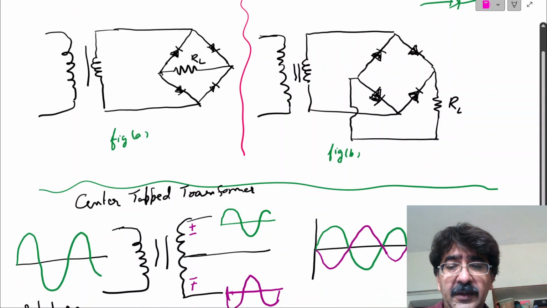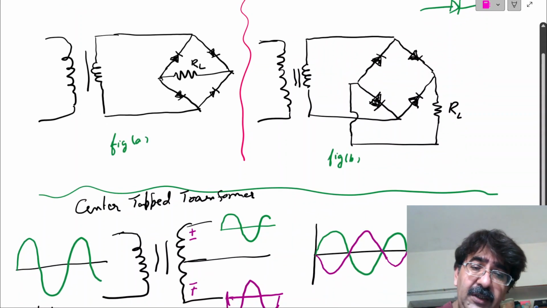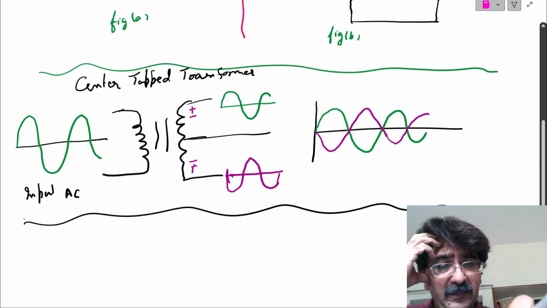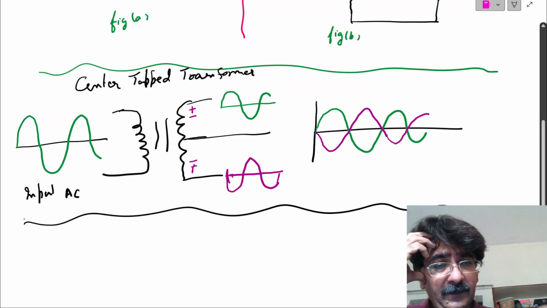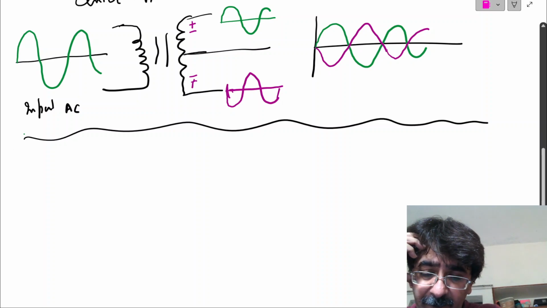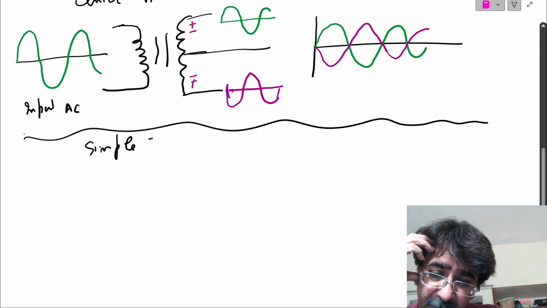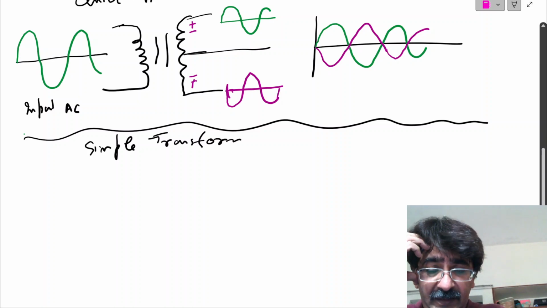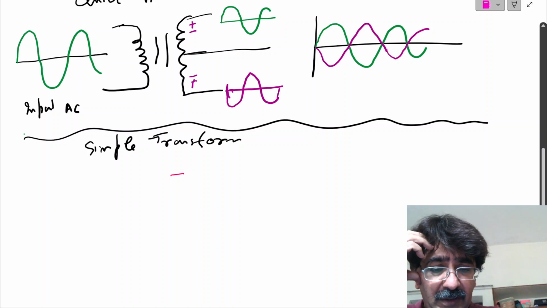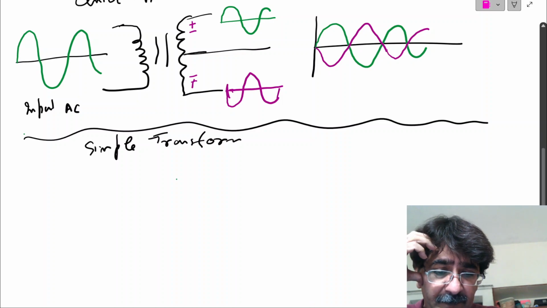One is represented by green and one in purple. Both are 180 degrees out of phase, meaning the polarity is opposite. In a simple transformer, if an AC wave is coming, then the output wave will also be an AC wave of the same shape.